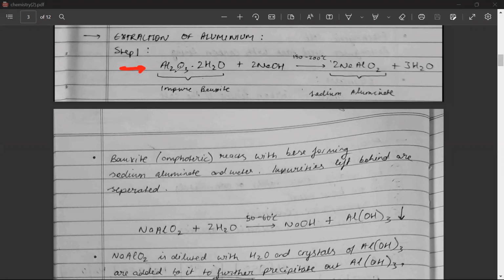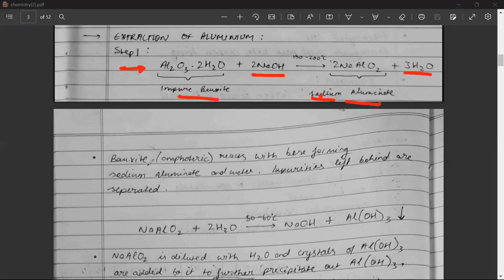Al2O3.2H2O is known as impure bauxite, impure because it has impurities mixed into it, plus 2NaOH, which is a base, at a temperature of 150 to 200 degrees Celsius, which produces 2NaAlO2, also known as sodium aluminate, and 3H2O.